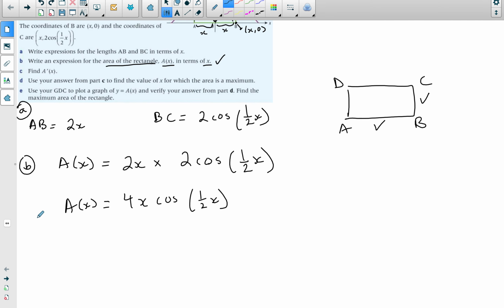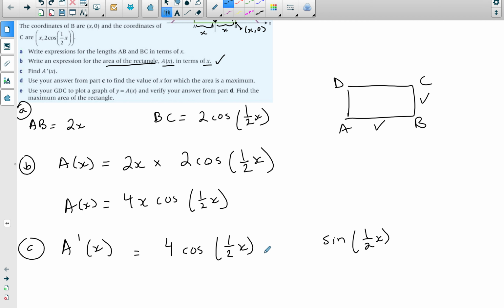Part C wants you to find the derivative, so we're going to differentiate the area from part B, and that's going to require the product rule and the chain rule. I'm going to differentiate the x first, which is going to give me 4. Then I'm going to differentiate the cos, which is going to give me a negative sine. We differentiate the internal part, that's going to be half, times the 4x stays the same.